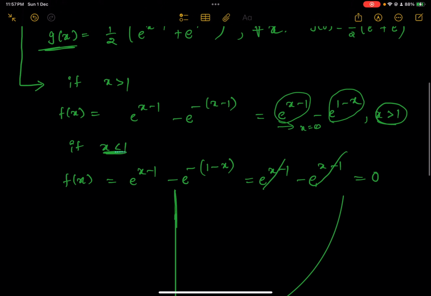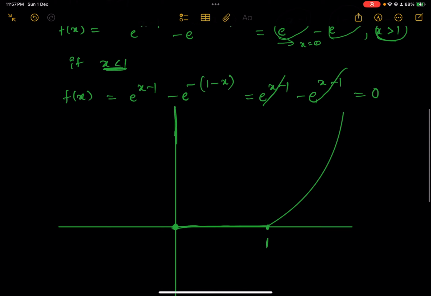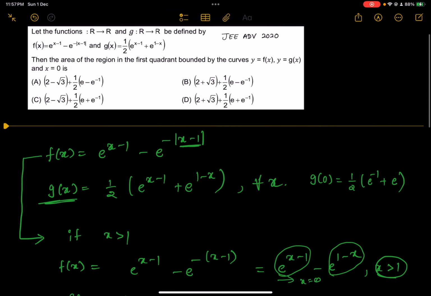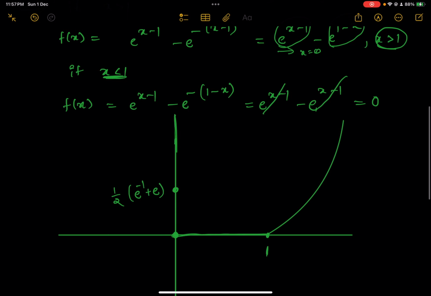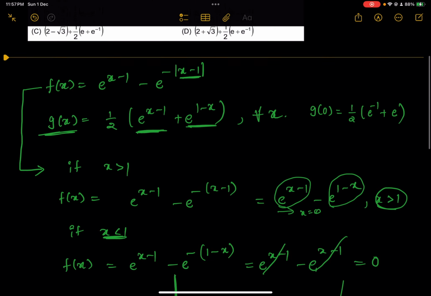So g of 0 is somewhere here, e to the power minus 1 plus e times half. And when you put x equal to infinity, this term goes to infinity, this term goes to 0, so it goes to infinity. Okay, but we have to see if f of x and g of x intersect at some point.